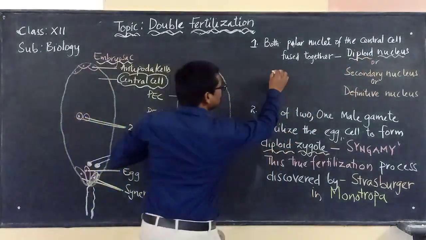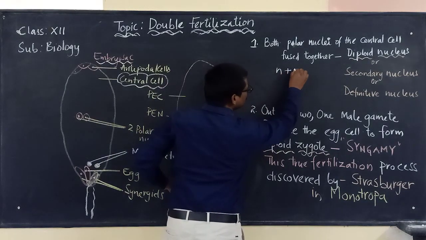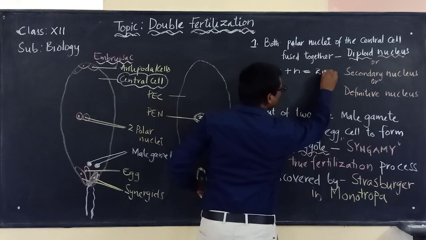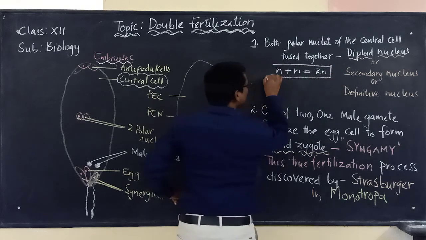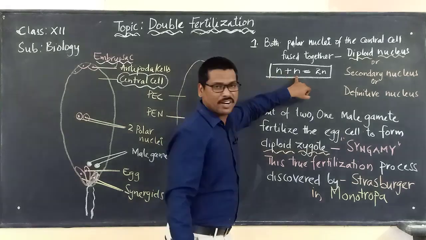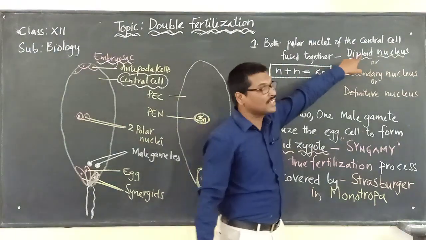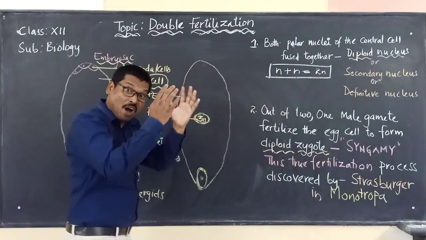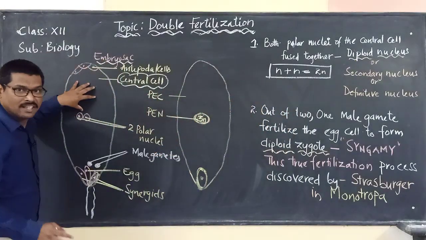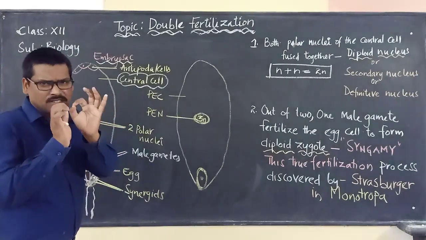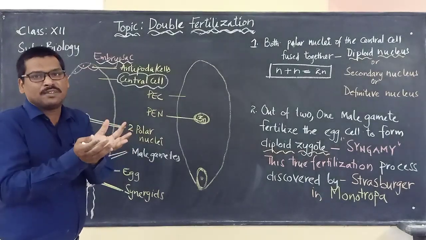This is like this: 1n plus 1n. When they fuse together, it forms 2n. 1n plus 1n means haploid nuclei, and now it is forming a diploid nucleus. So two polar nuclei of the embryo sac fuse together just before fertilization. This is the first thing that is happening inside the female gametophyte.